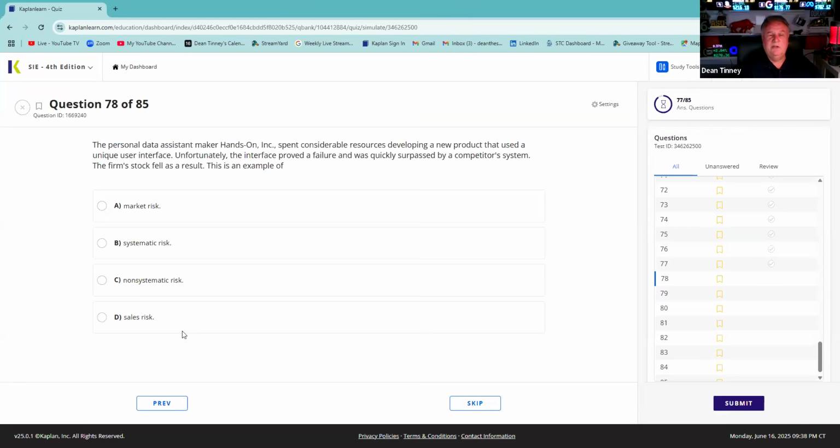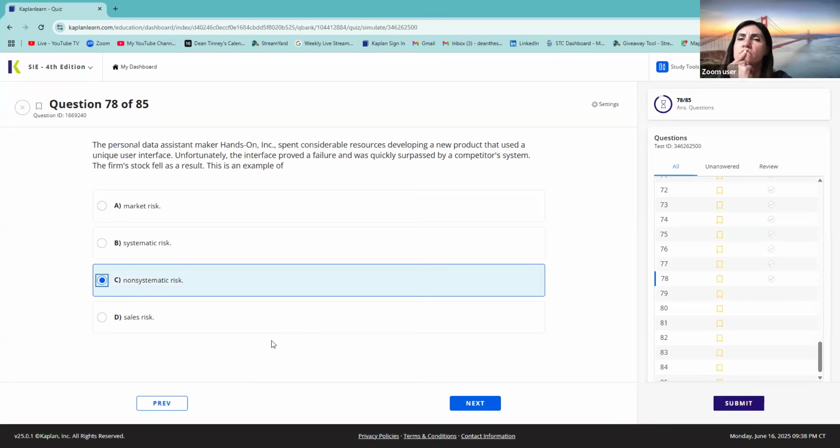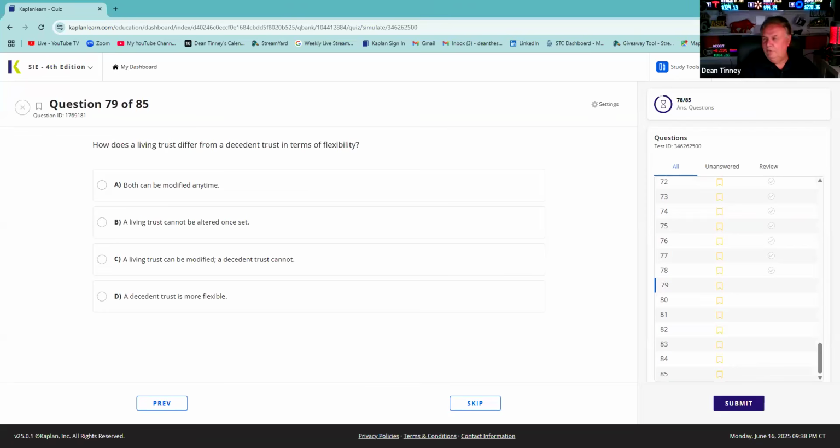No, there's no such thing as sales risk. Non-systematic risk, known as selection risk. You picked the wrong stock, right? Whenever you have something unique to the stock, it's non-systematic or selection risk. Systematic risk would be the market, risks in the market. How does a living trust differ from a decedent trust in terms of flexibility?